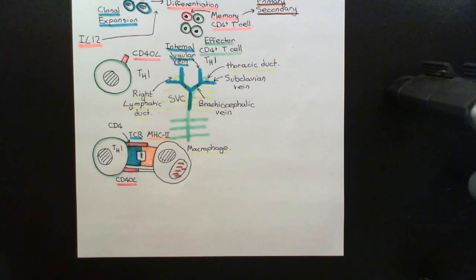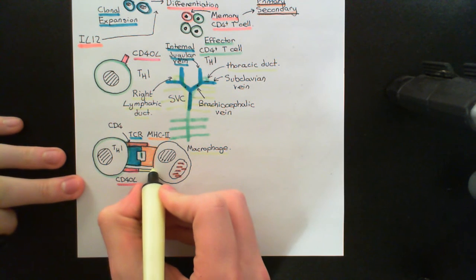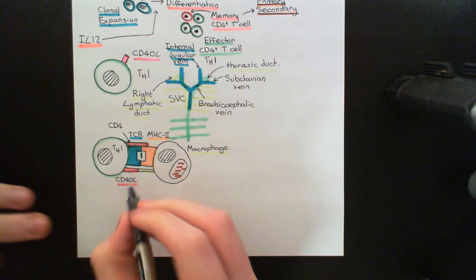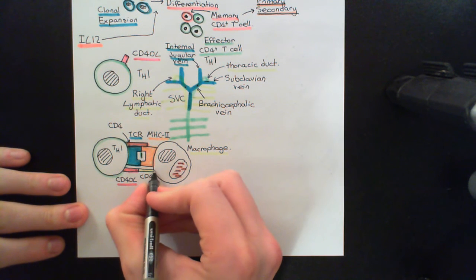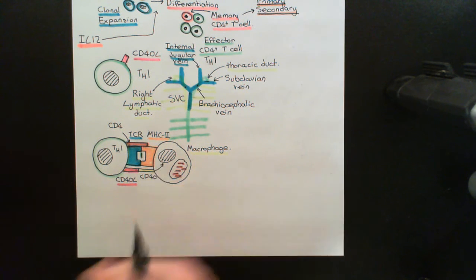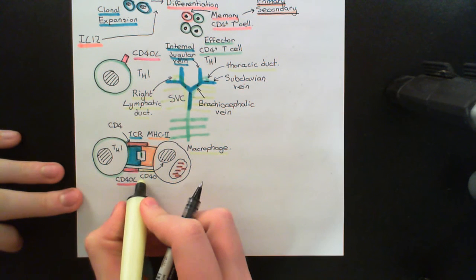And this is now going to activate a molecule on the surface of the macrophages known as CD40. So here is CD40 on the surface of the macrophages, and that's going to activate killing mechanisms inside the macrophages.